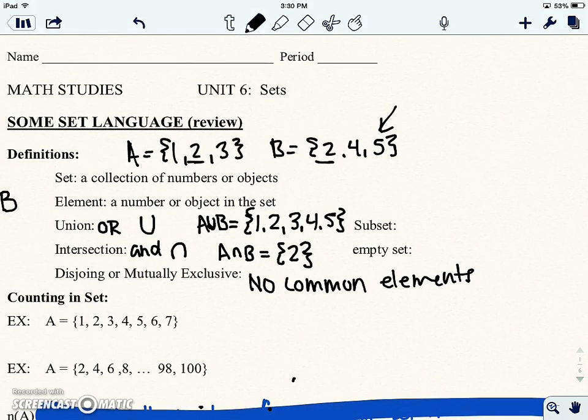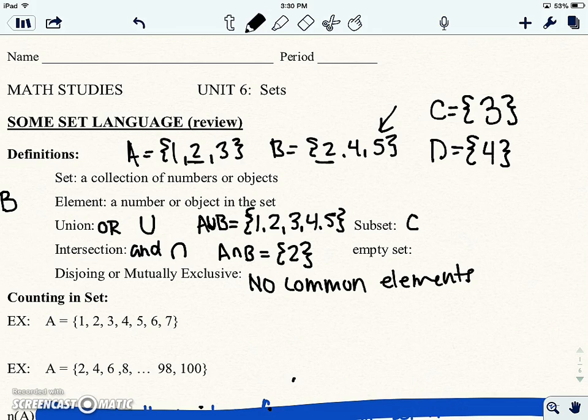So maybe we have some set C that just has a 3 in it. We also have a set D that just has a 4 in it. Sets C and D are mutually exclusive because they have no elements in common.